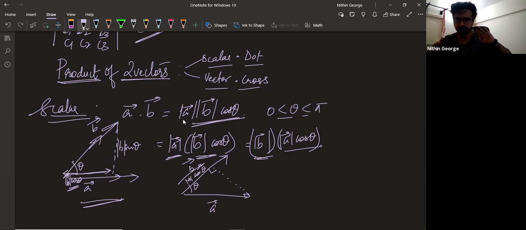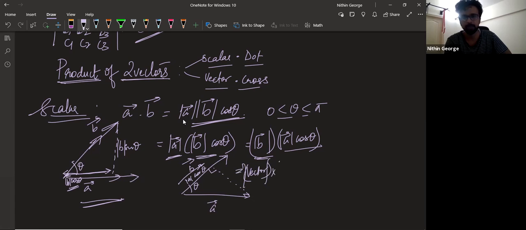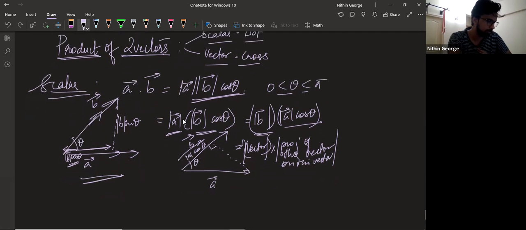Getting this, guys? So it's the magnitude of a vector into the magnitude of the projection of the other vector on this vector.